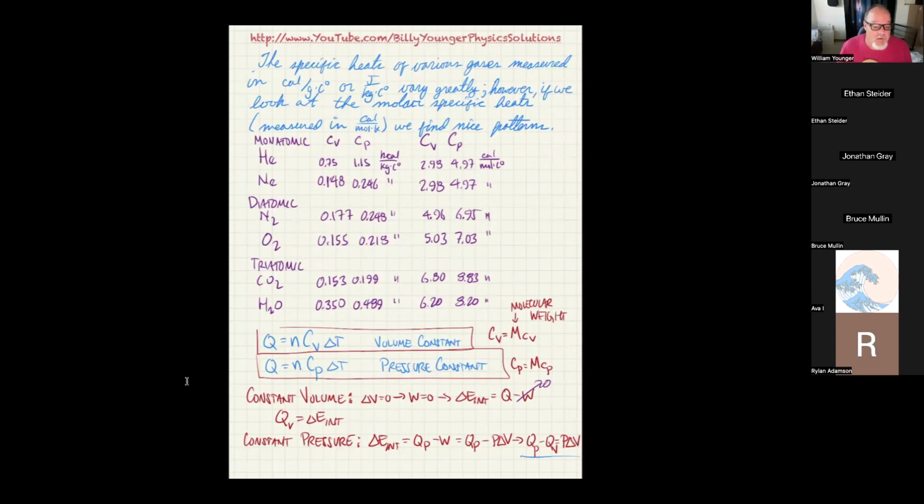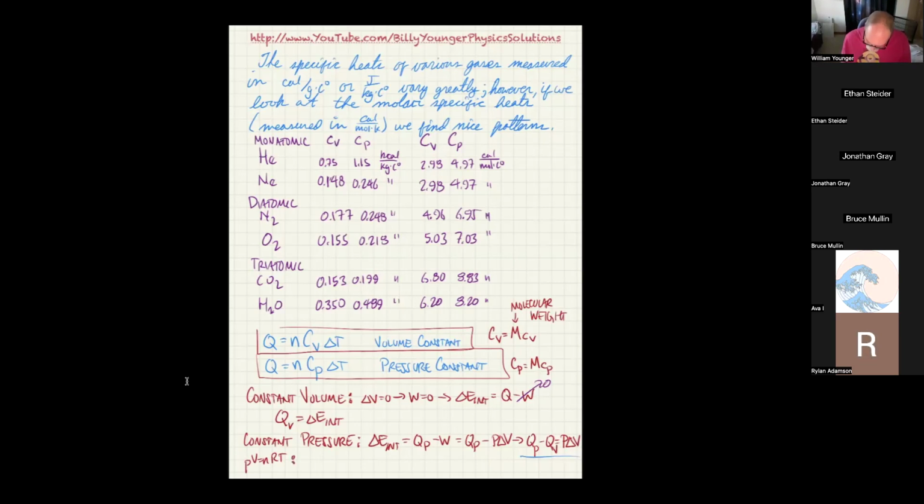If I use the ideal gas law, PV equals nRT, then I can change it.